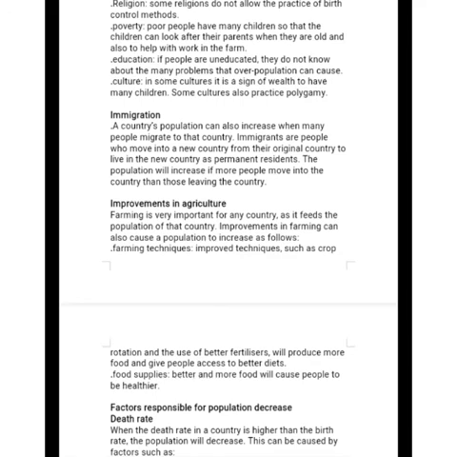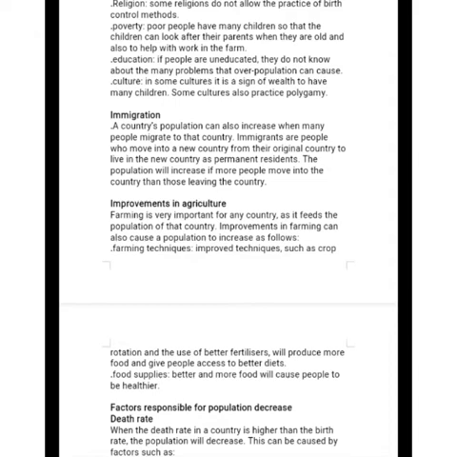Improvements in agriculture. Farming is very important for any country as it feeds the population of that country. Improvements in farming can also cause a population to increase as follows. Farming techniques.